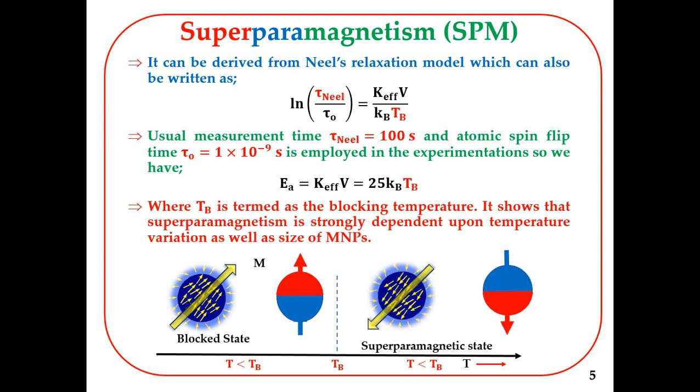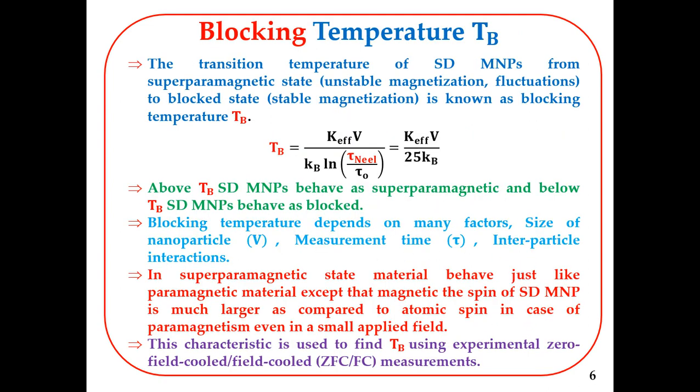At a certain temperature, which is called the blocking temperature, both energies are equal, which can be found by this Neel Arrhenius equation. TB is equal to K effective V over 25 kB.